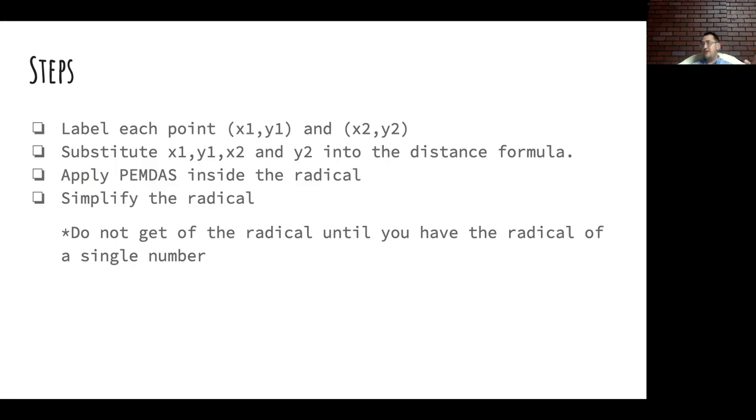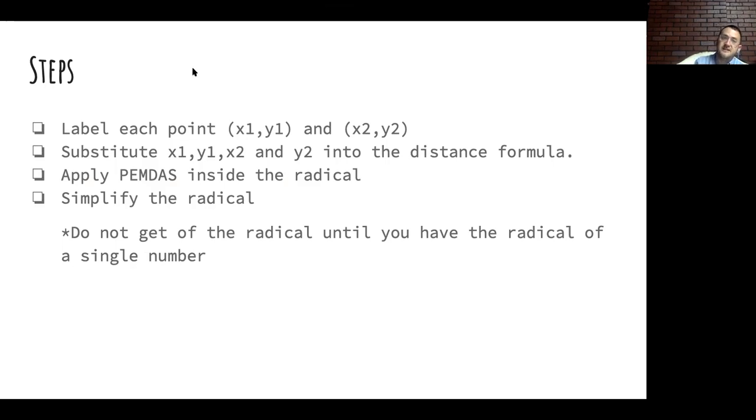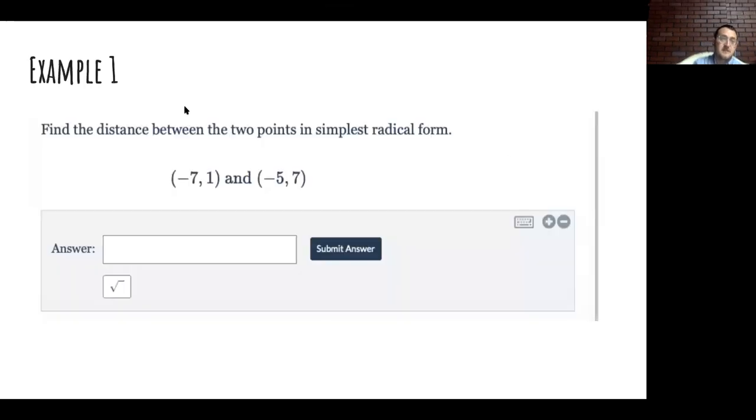And then once you have that, apply PEMDAS inside the radical so that you get a whole number. Then you can simplify the radical as you see fit, or change it to decimal depending on what they ask. All right, example 1.